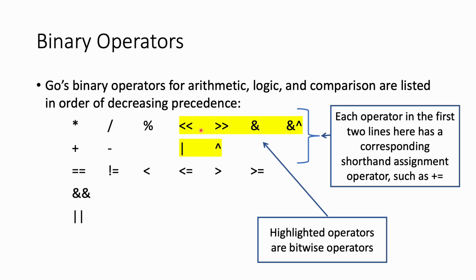Also, for each operator in the first two lines in this list, there is a corresponding shorthand assignment operator such as plus equal or multiplication equal or minus equal, etc.